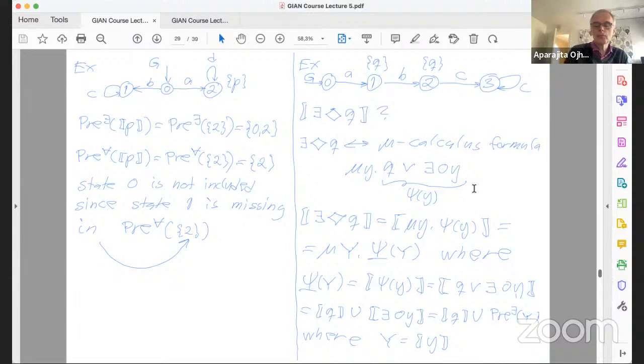The derivation of these mu calculus formulas is, I'm sorry to say, a bit complicated, and I haven't found any good paper on that in the literature, although I've searched for a long time.